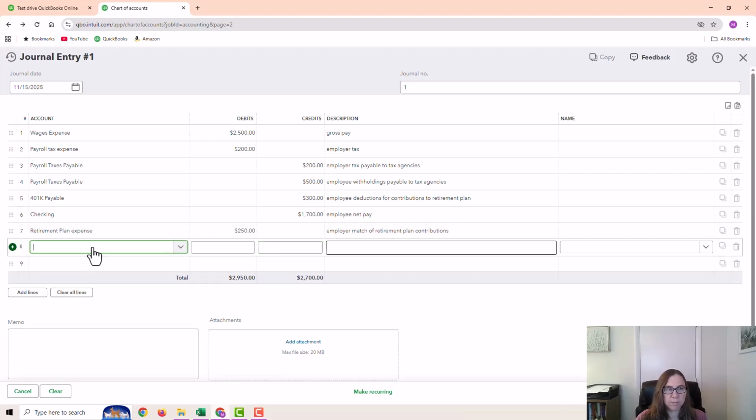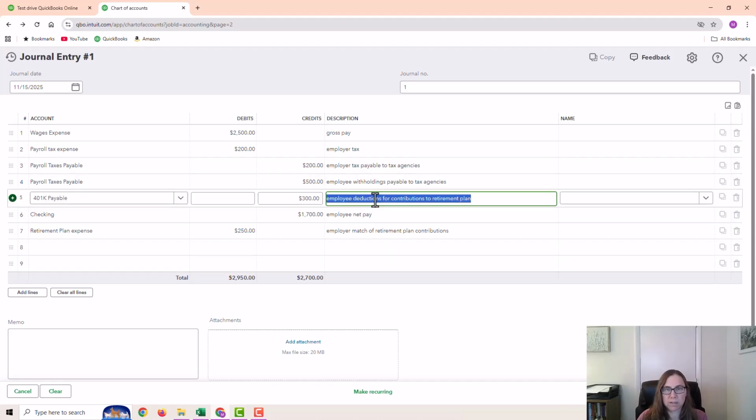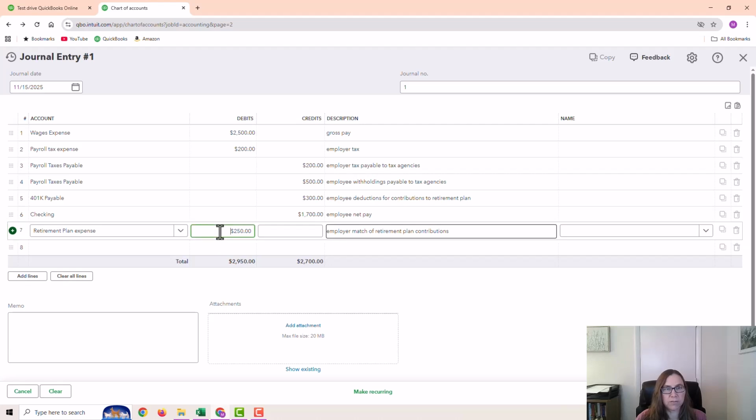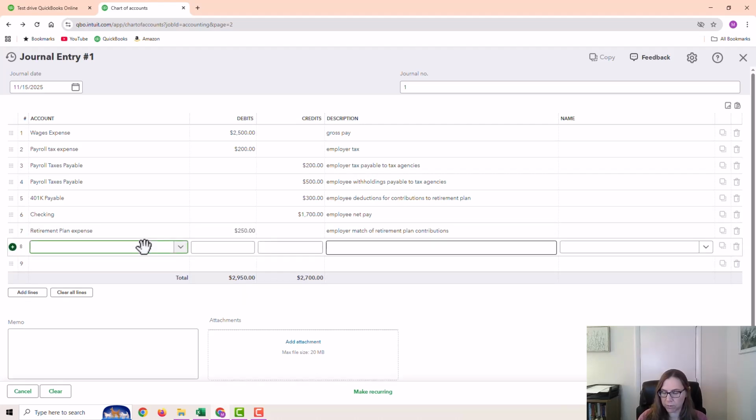And then at the same time, it's an expense of the business, but it has to be sent just like these employee deductions. This $250 is also going to be part of 401k payable because it has to be sent to the employer or to the retirement plan administrator.